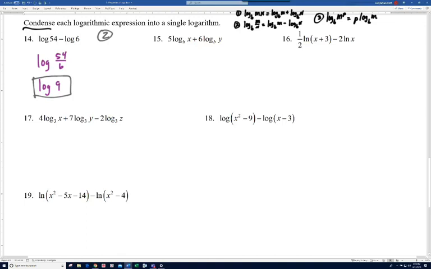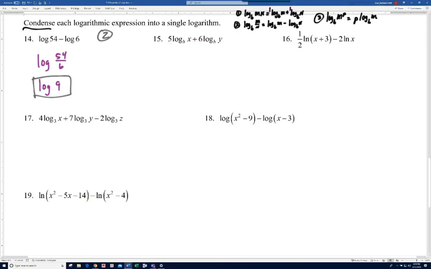Notice we have a sum of logs, and so we're going to end up using the product rule. Basically, we're going to start on the right side and go over to the left side. The only problem is, notice these are ones out in front, and on this problem those are not ones. So if there's numbers out in front of the log, you cannot use the product rule and you cannot use the quotient rule.